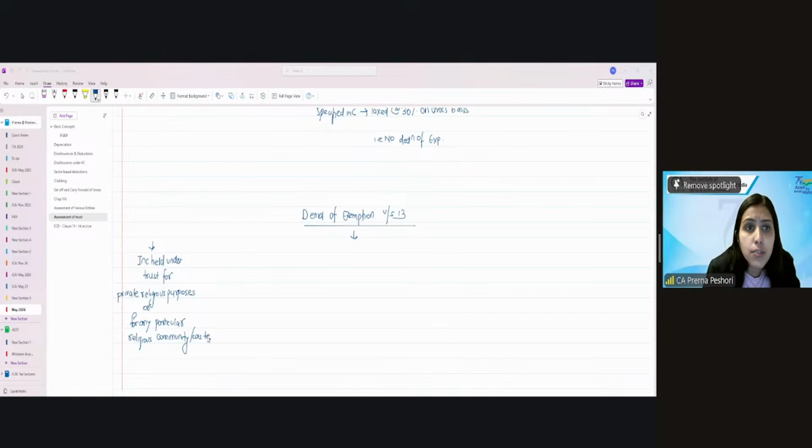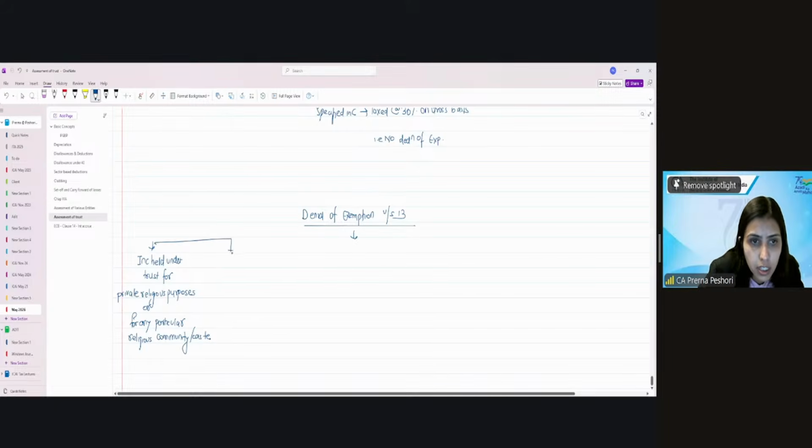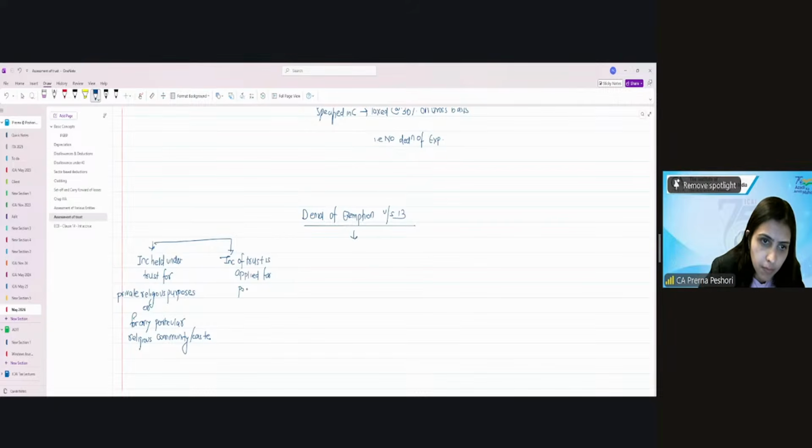Secondly, if the income of the trust is applied for the prohibited person under section 13(3), then there will be denial of the exemption under section 13. Are we clear?